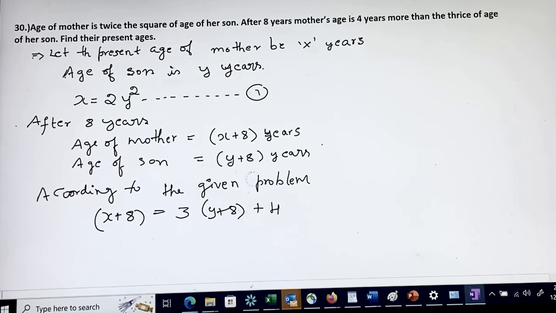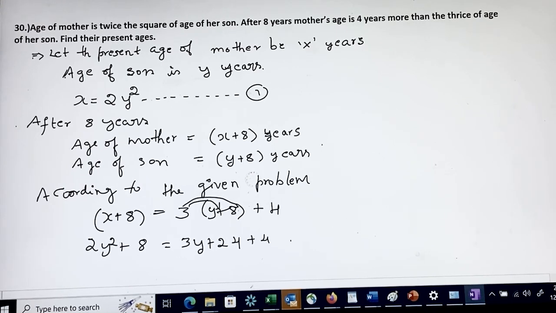Now I'll just simplify it. That is x plus 8. In equation 1, x is given as 2y square, so wherever we find x, I'll replace it with 2y square. So 2y square plus 8 is equal to, multiplying 3 into y and 3 into 8, 3y plus 24 plus 4.